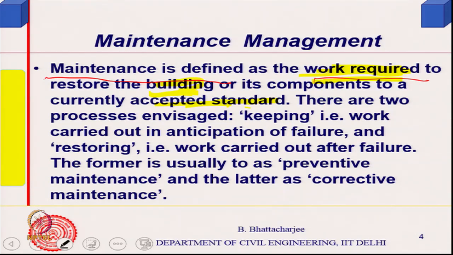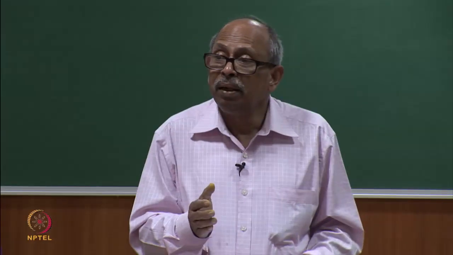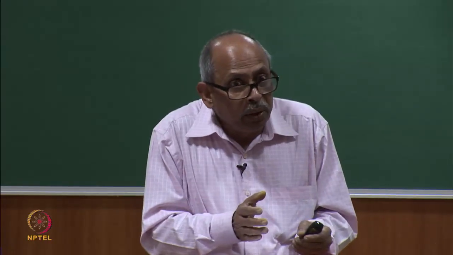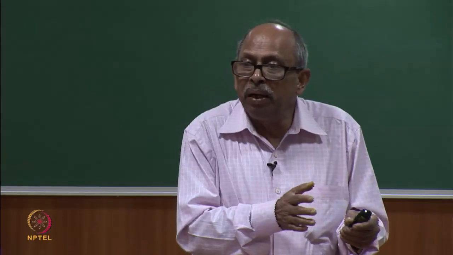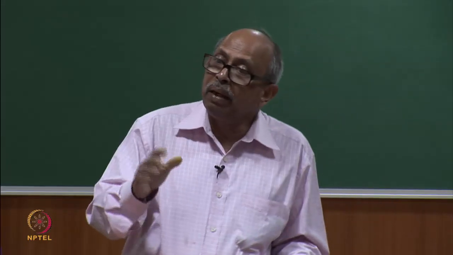So, maintenance is related to work required to restore a building or its component to an acceptable standard. There are two processes envisaged, keeping and restoring. Keeping is work carried out in anticipation of failure, and restoring is the work carried out after failure. If you anticipate the failure, maintenance will also include keeping it in the right condition. That means, you might do maintenance at predetermined times, even when nothing has gone wrong.